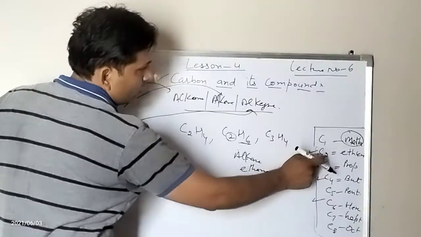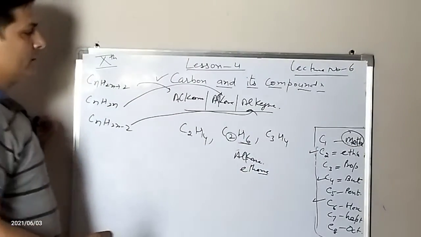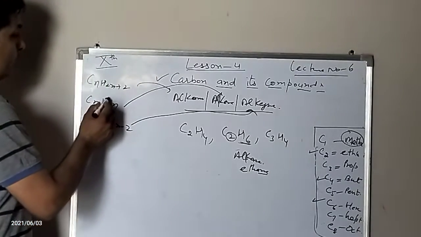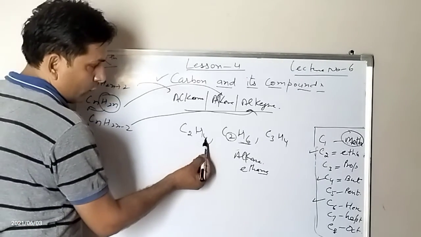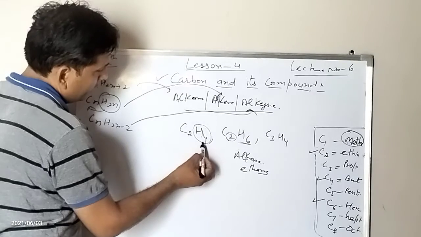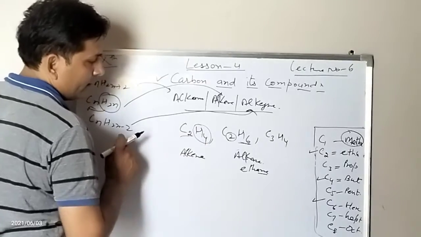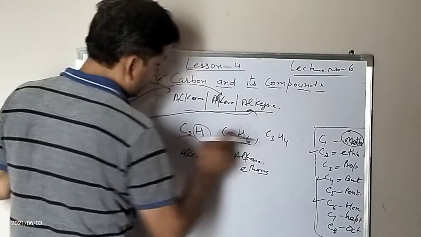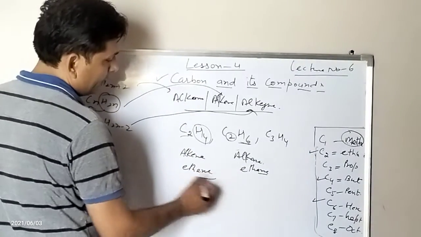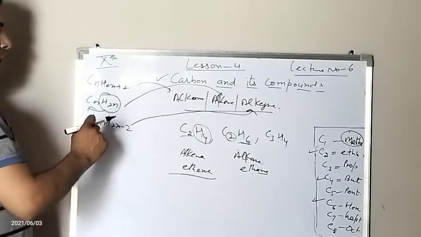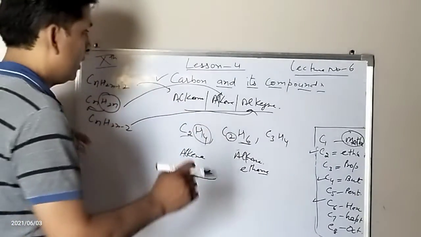If the number of hydrogen atoms is twice the number of carbon atoms, in this case 2 times 2 is 4, then it is alkene. The name of this: number of carbon atoms 2, so eth, then you write the suffix ene. It is ethene.